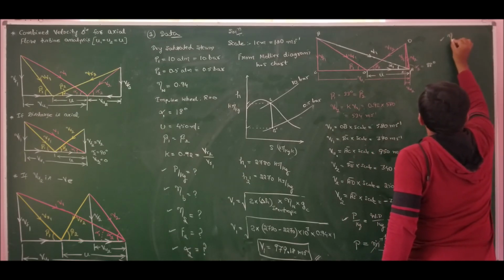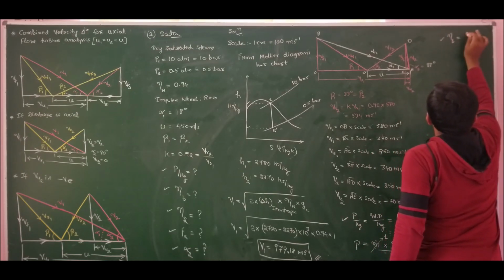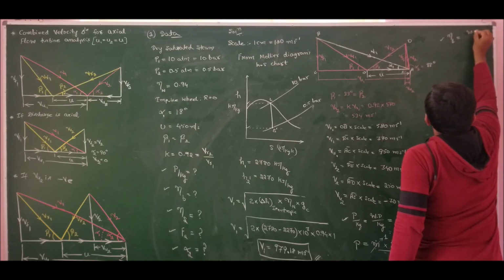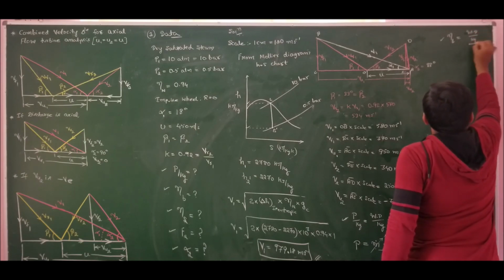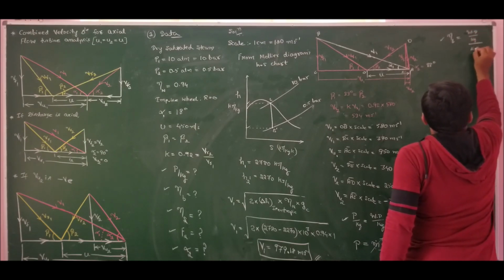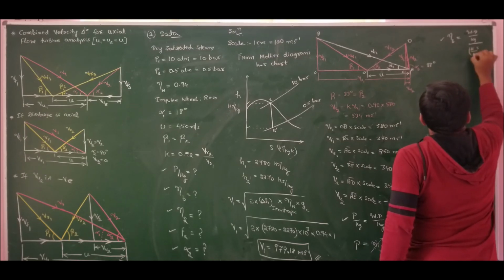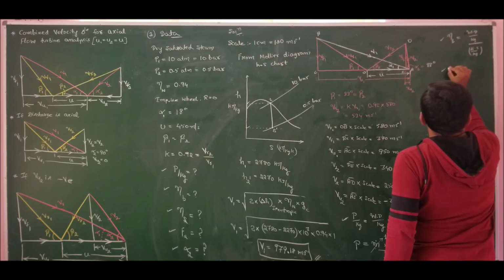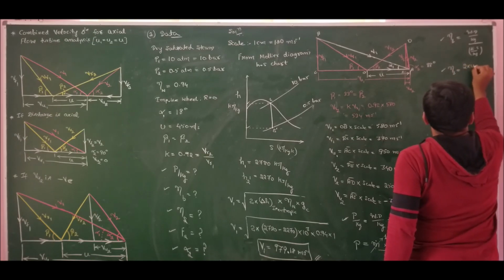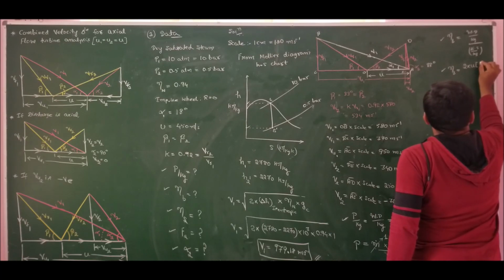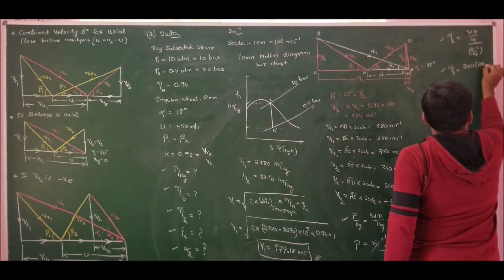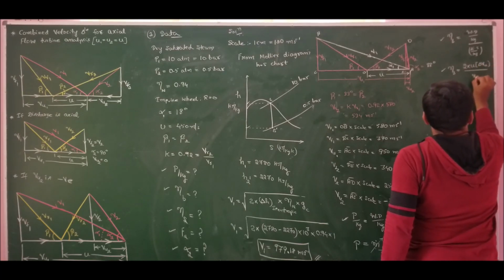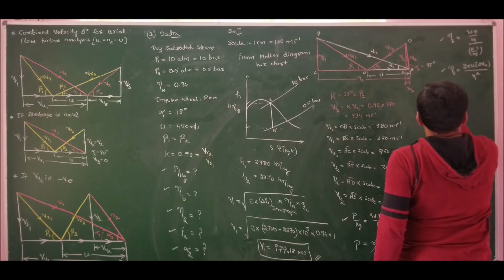Next, second one is blade efficiency. We know that blade efficiency is work done per kg divided by energy supplied per kg of steam. For impulse steam turbine, energy supplied is V1 square by 2 Gc. So therefore blade efficiency is 2 into U of delta Vu divided by V1 square.